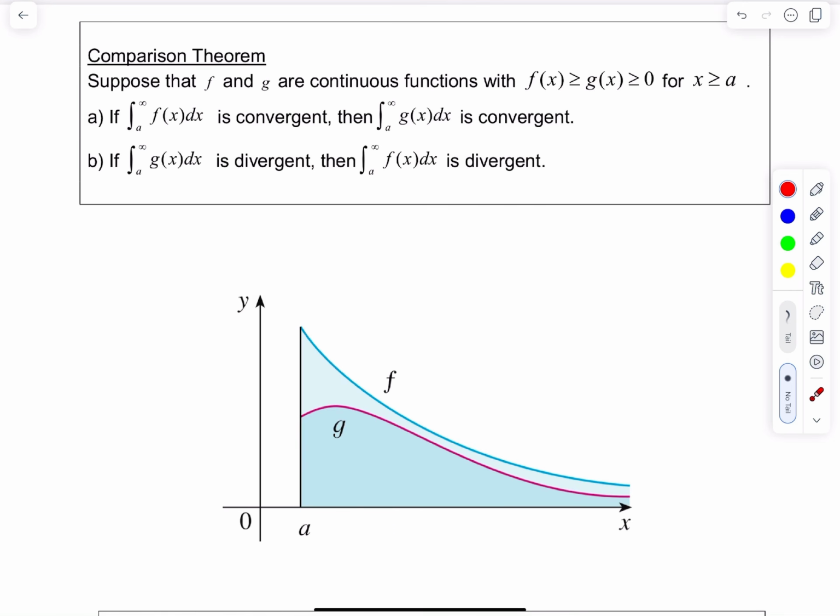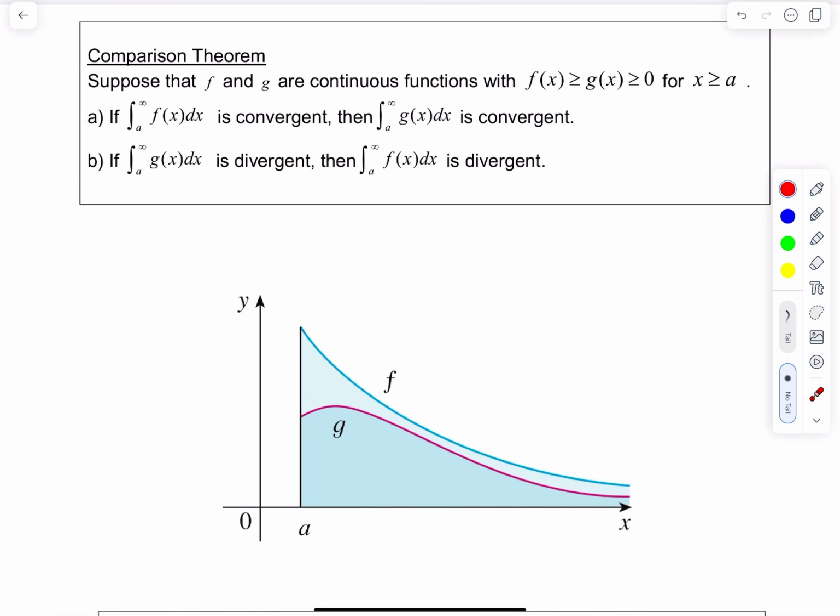Now we have another way to look at this. Again, we're assuming g of x is the smaller function. So part B says, if the sum of the area under the curve of g of x from a to infinity, the limit of all of that area, diverges, meaning it blows up, approaches infinity or doesn't exist, then this larger function, that improper integral from a to infinity of f of x dx, will diverge as well.